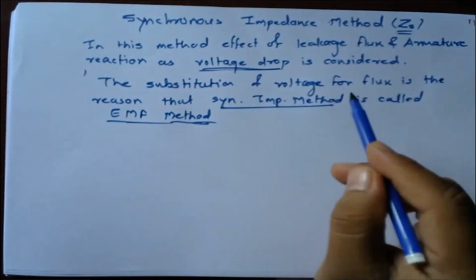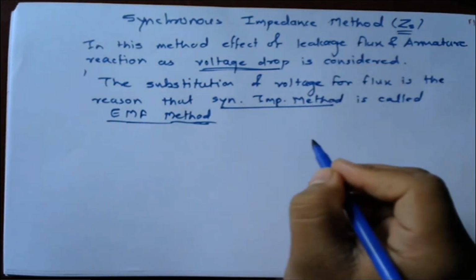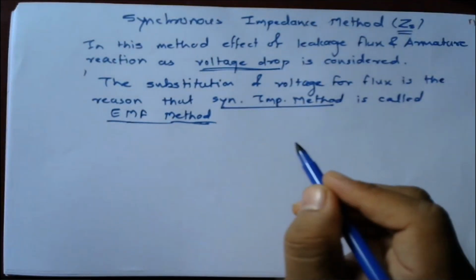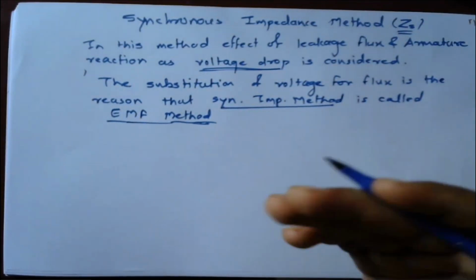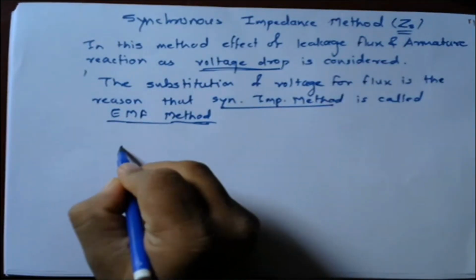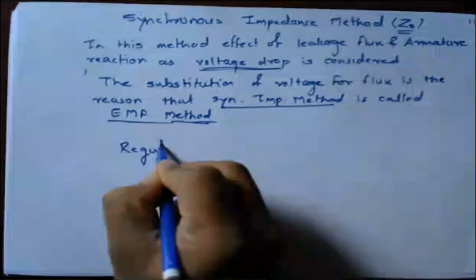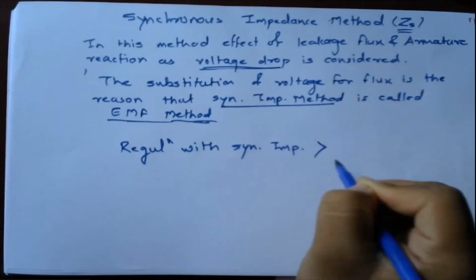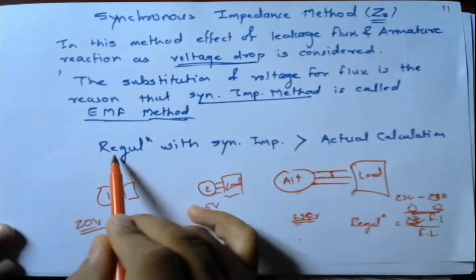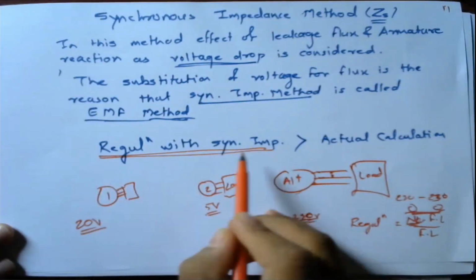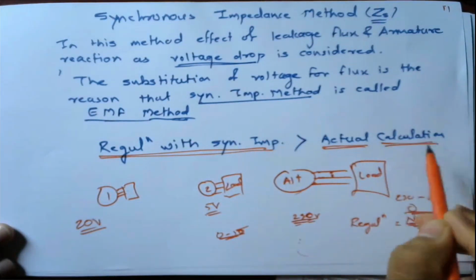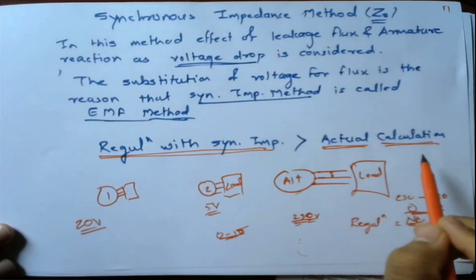Whenever we calculate synchronous impedance by the OCC and SCC tests, the regulation we calculate is very much larger than the actual calculation. So the regulation we get with the synchronous impedance method has a higher value than the actual one.